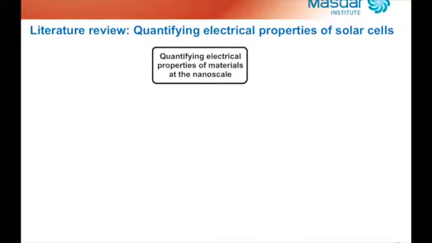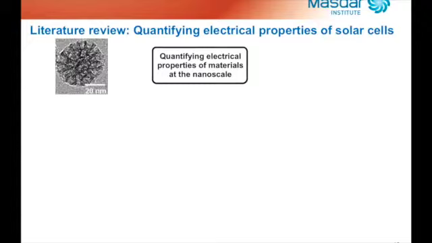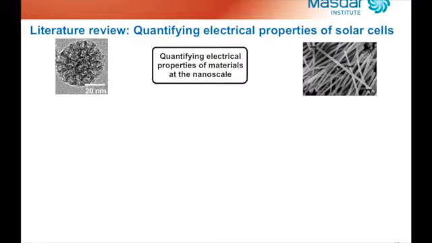Well, because today in solar cells we use nanostructures, like nanoparticles or nanowires, in order to enhance the electrical and optical properties of solar cells. Therefore, there is the need to quantify electrical properties of the solar cell with a high spatial resolution.